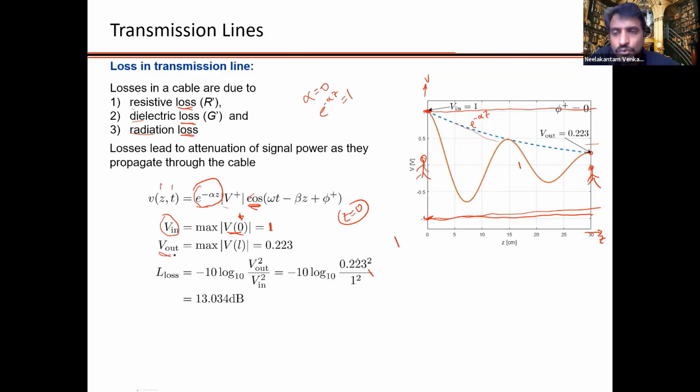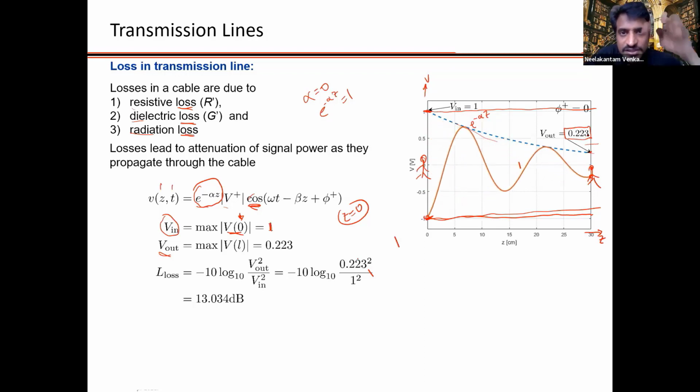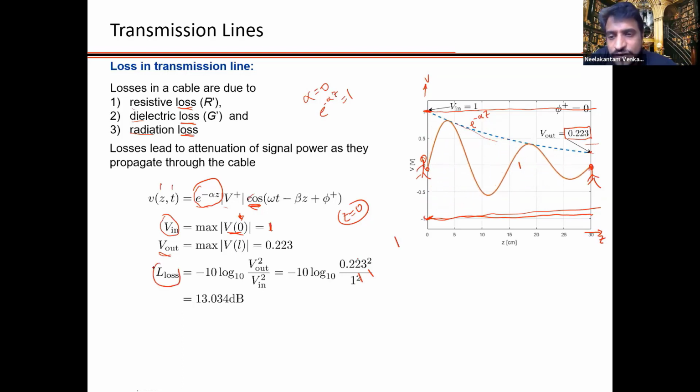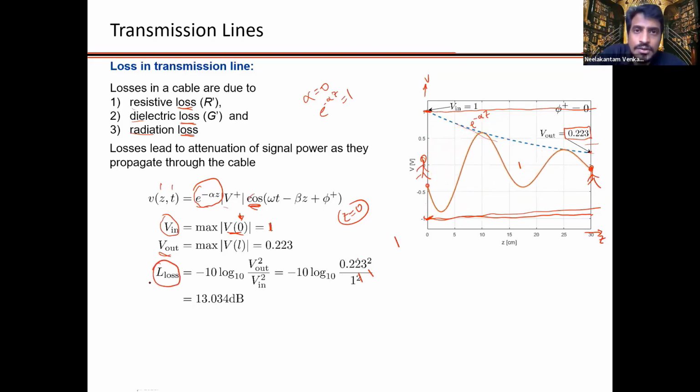How about the V out? If you notice the V out here, that magnitude turns out to be, let's say for this example, 0.223. That means from 1, it has gone to 0.223. So what is the loss that you get? Now we are going to have an important definition here.